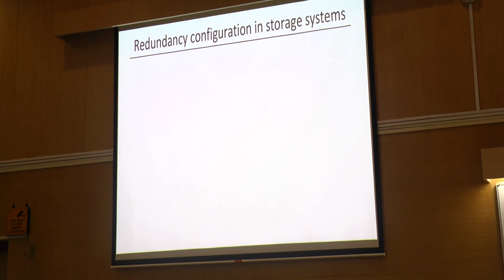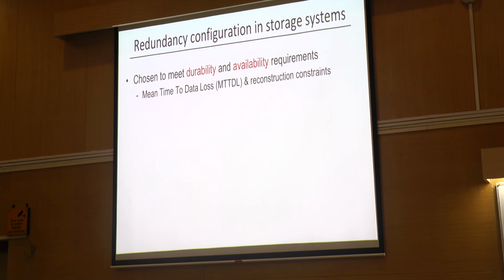Basically, redundancy in storage systems is chosen in order to meet durability and availability requirements. Durability is quantified using various metrics, and typically what is used is mean time to data loss.